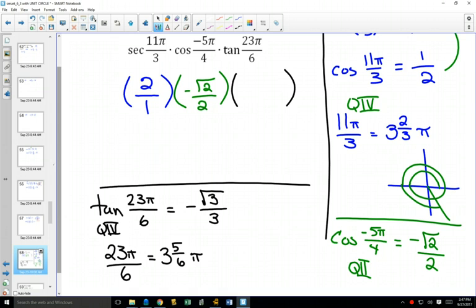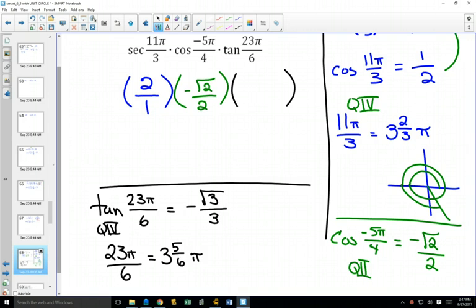Well, 24 pi over 6 is not a good example because 24 over 6 simplifies. But if it was 27 pi over 6, that one simplifies too. If it was 25 pi over 6, that doesn't simplify. 25 pi over 6 is 4 and 1/6 pi, which ends in quadrant 1. And then tan of 25 pi over 6 would be positive root 3 over 3.